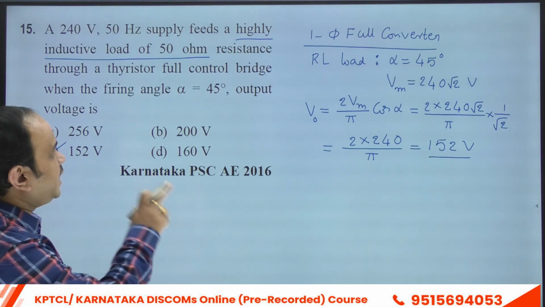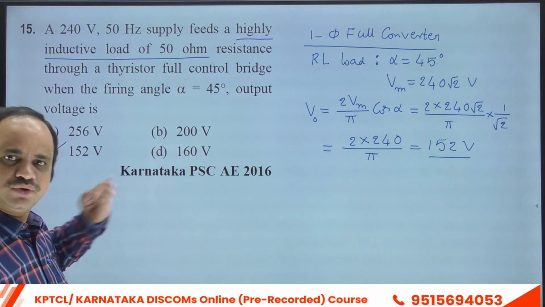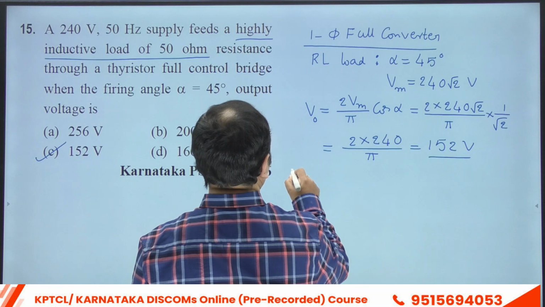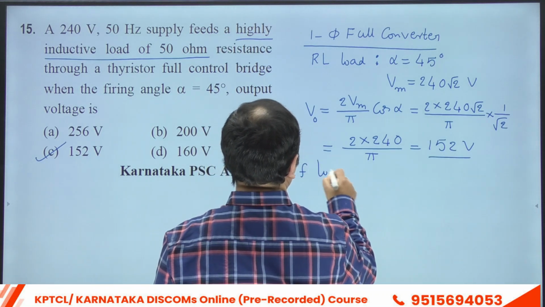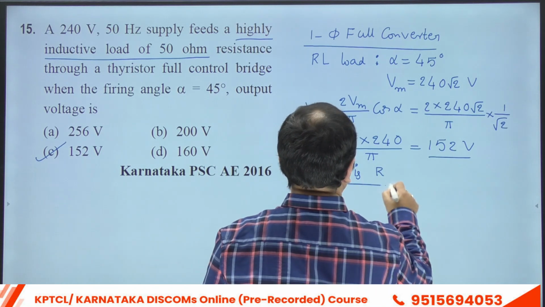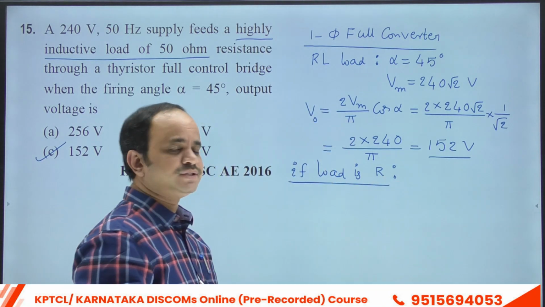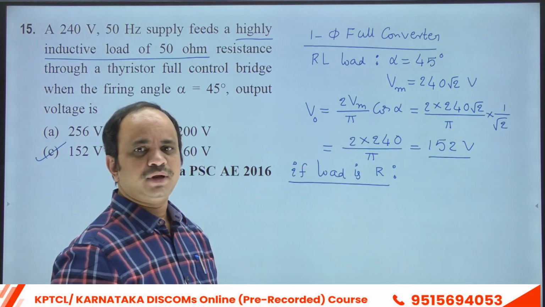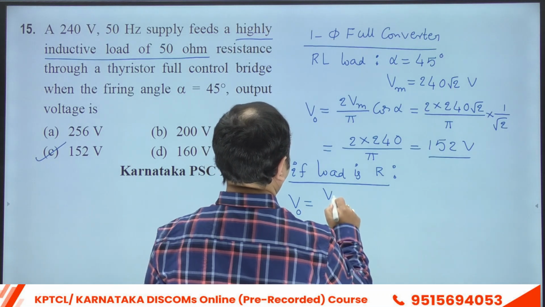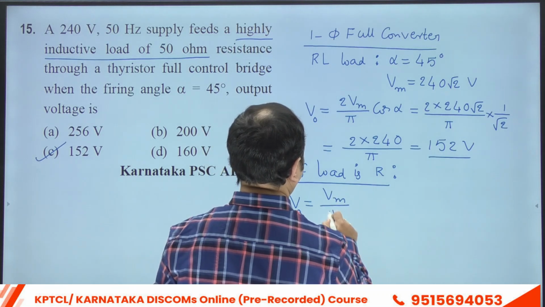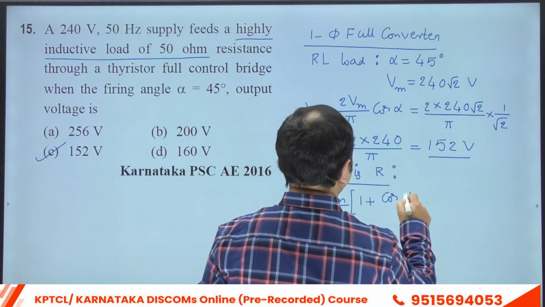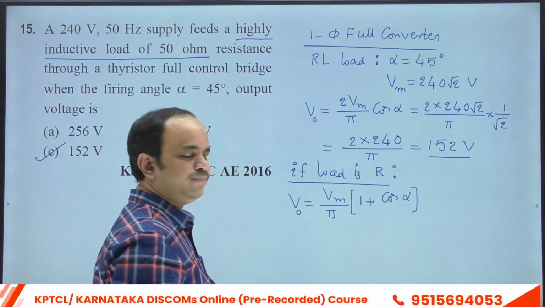For the same question, if I want to twist it, suppose the load is simply a resistor, then you should not use this formula. In that case, the average output voltage is Vm by pi into 1 plus cos alpha.